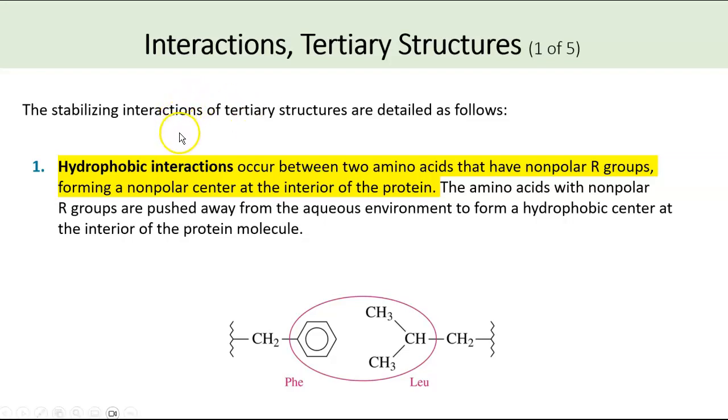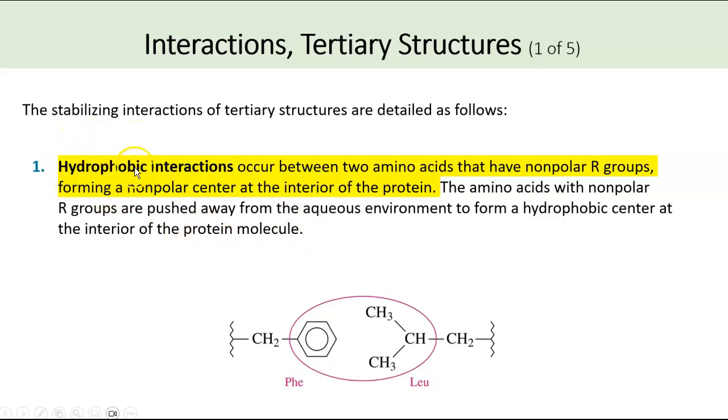These stabilizing interactions can be identified using different types of interactions. The first one is called hydrophobic interactions.